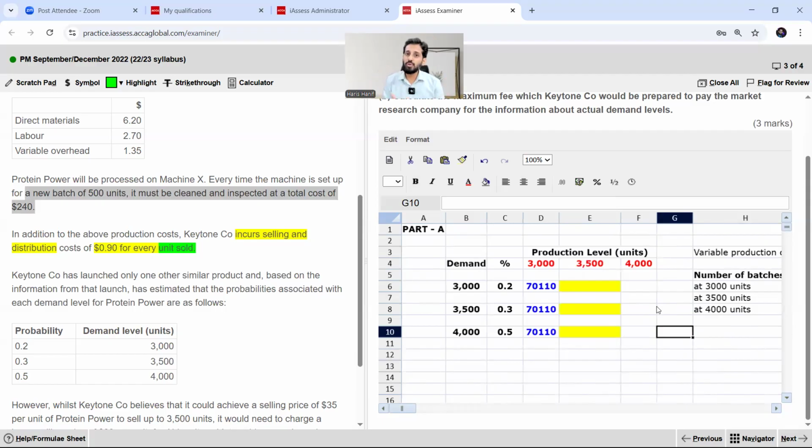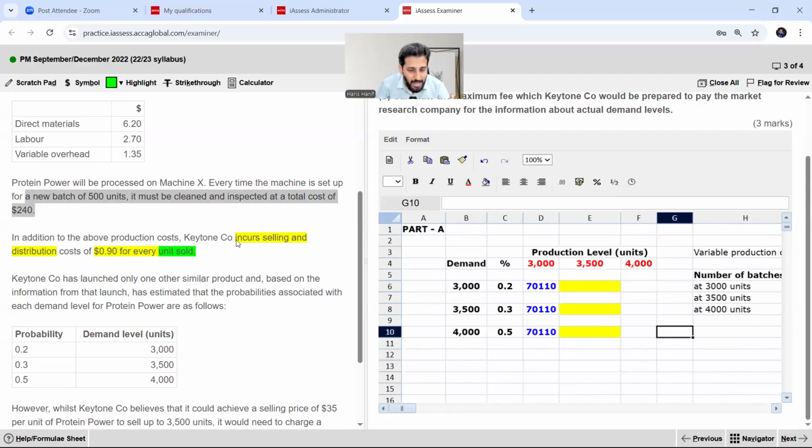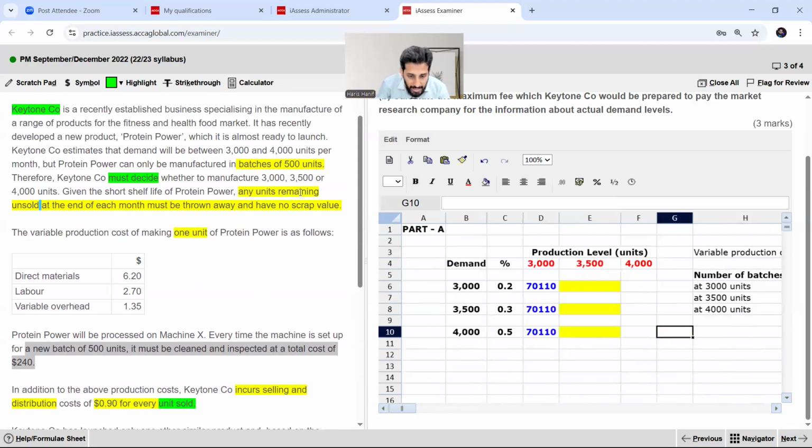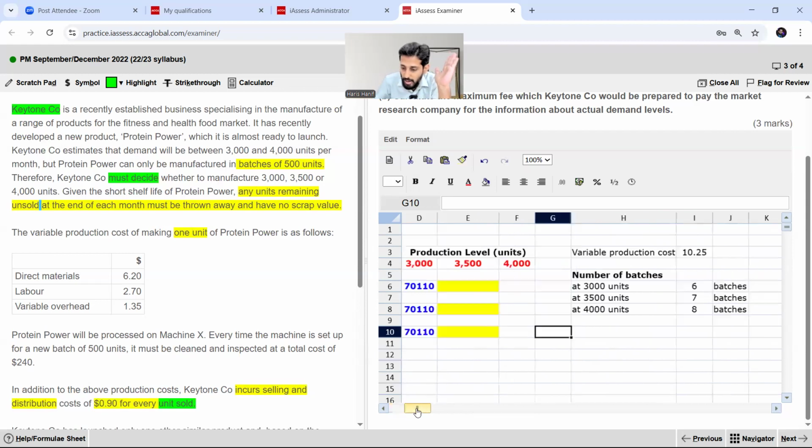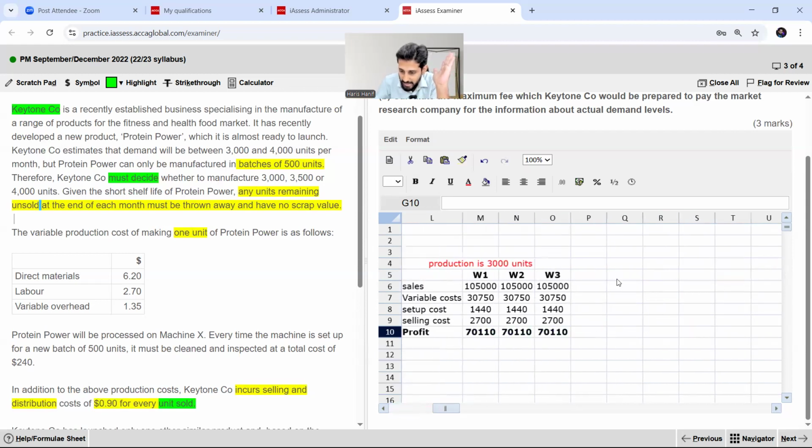How did I come to know it will be fixed? Because it is clearly mentioned in the question that any units remaining, that means units produced but not sold, must be thrown away and have no scrap value. That means it's simply your loss. So the basic principle here is that you have to produce 3500 units. That's it. So make your calculation journey a bit easier.